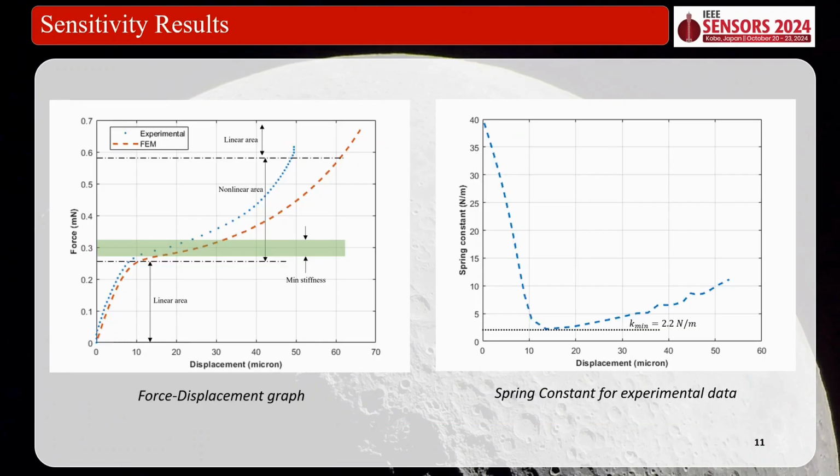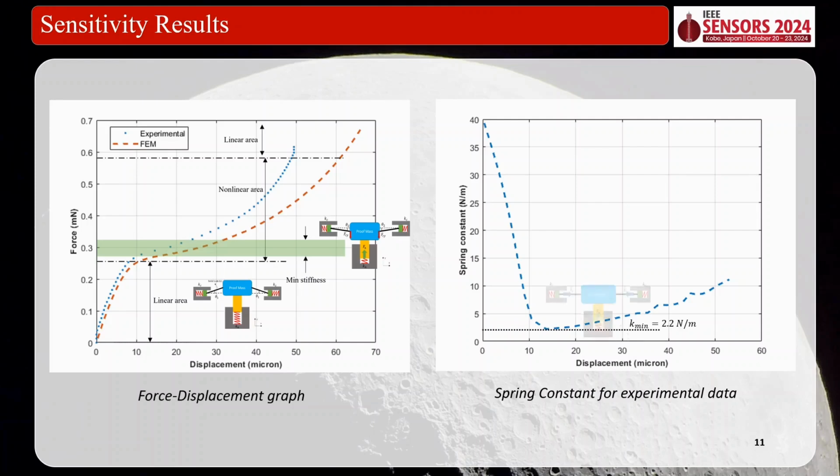So this is the comparison between the finite element and experimental results. As you can see here, at the beginning, the system shows a linear behavior to a certain point, and after that, the negative spring activates and shows a decrease in K. So this is where we have the negative spring at the top, and after that, the system still shows linear behavior.